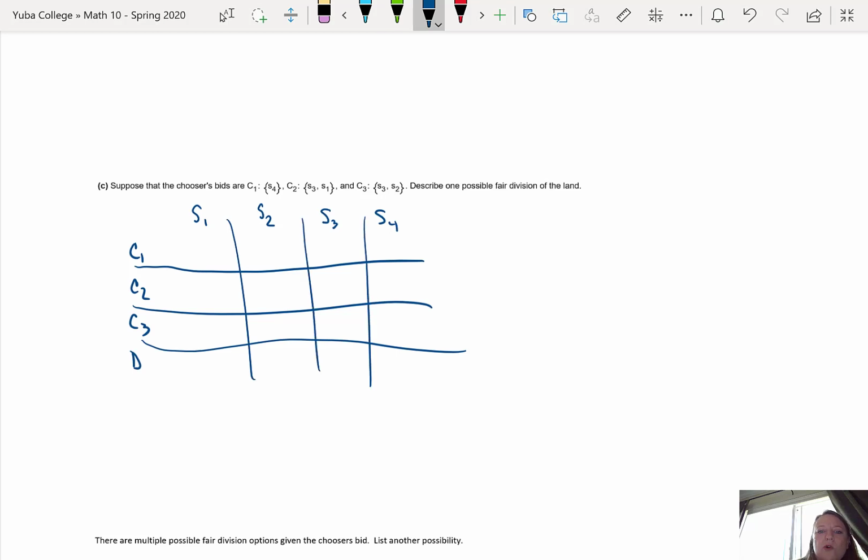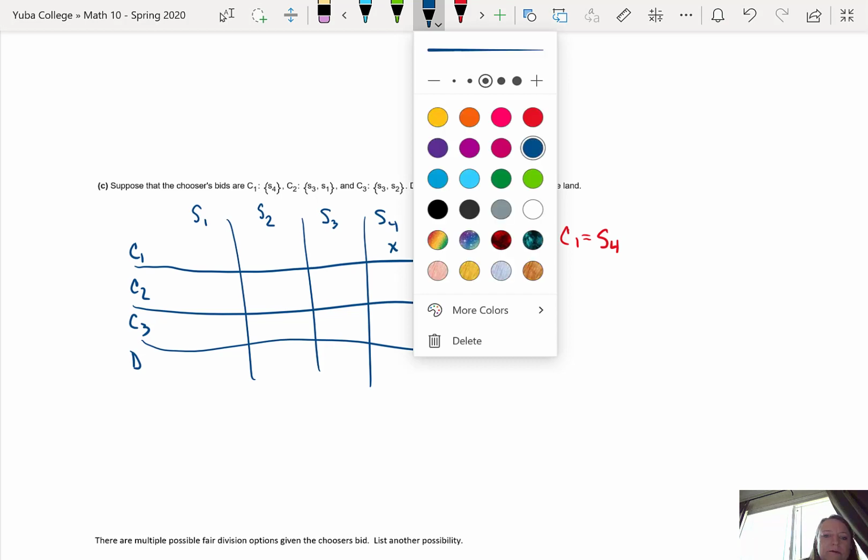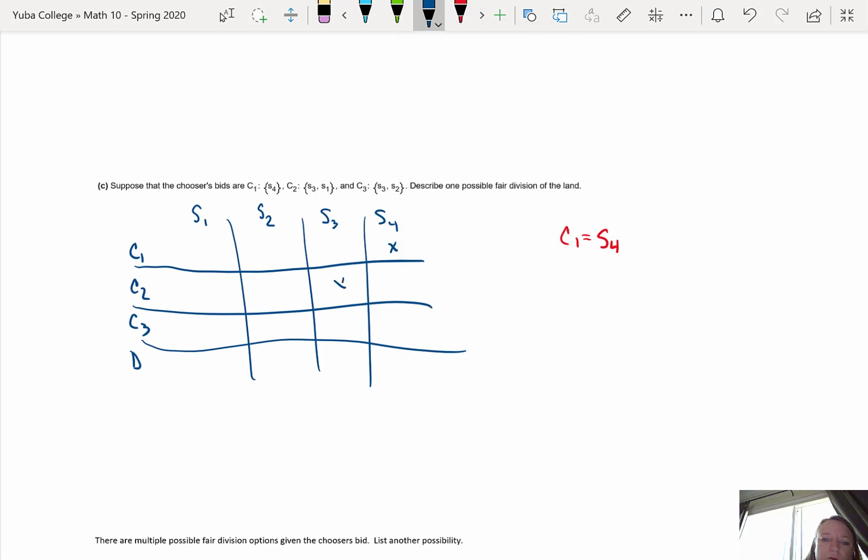Okay, so C sub 1 only likes S sub 4. So we know that C sub 1 has to get S sub 4. So C sub 2 likes S sub 3 and S sub 1. And C sub 3 likes S sub 3 and S sub 2. The divider likes them all equally.